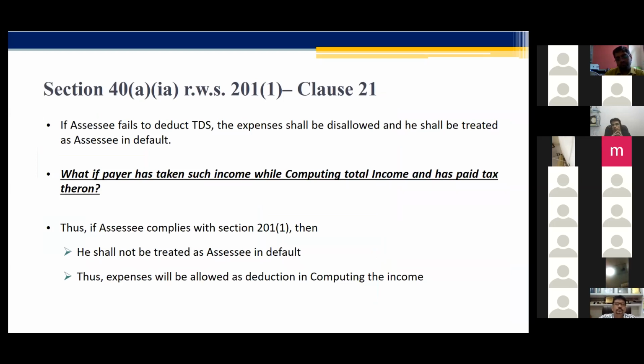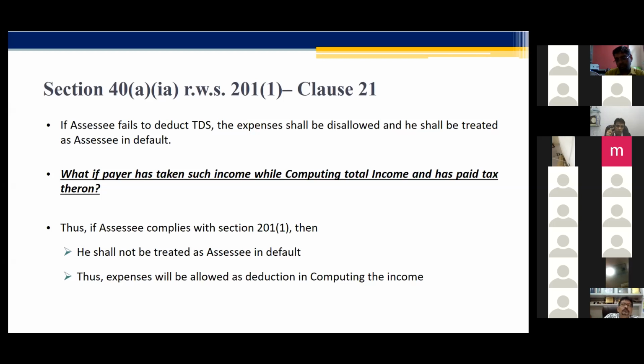What is happening is, when the auditor is reporting any particular disallowance under 40A(1) and TDS is not deducted under 40A(1), you are reporting a particular figure for the disallowance. But there is an explanation to 40A(1) which says if you are not an assessee in default, then there won't be any disallowance.